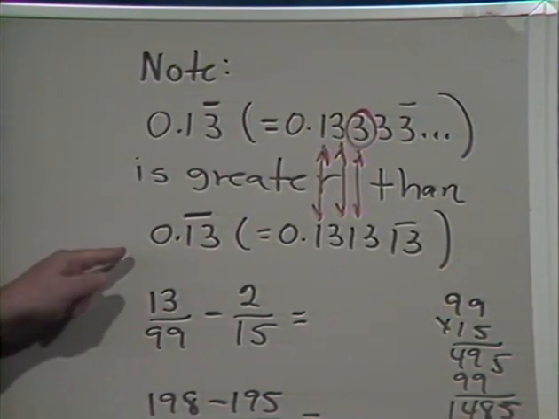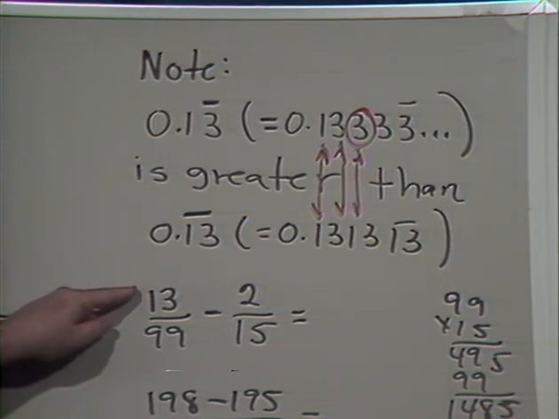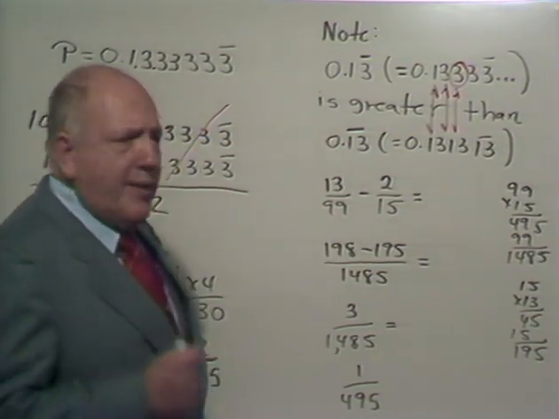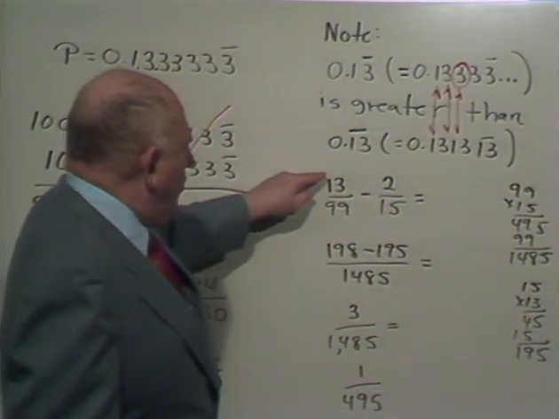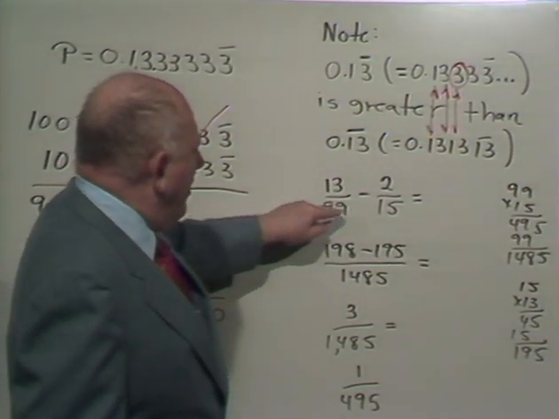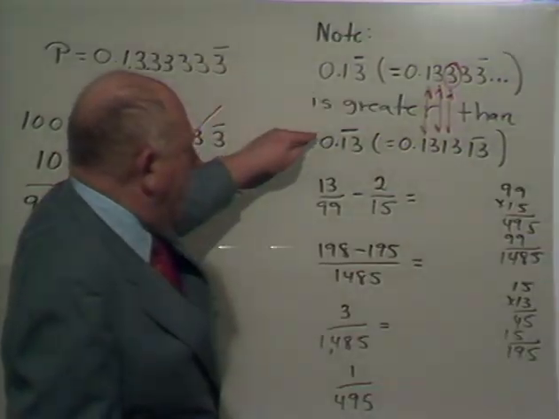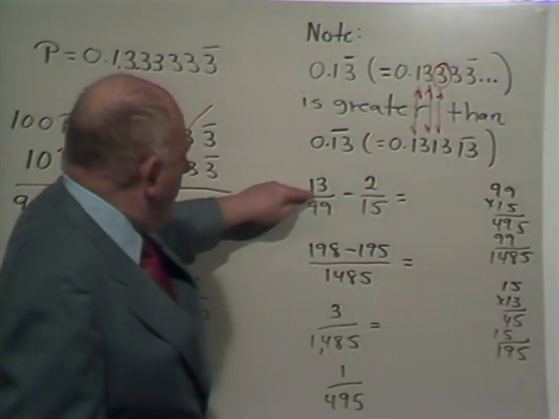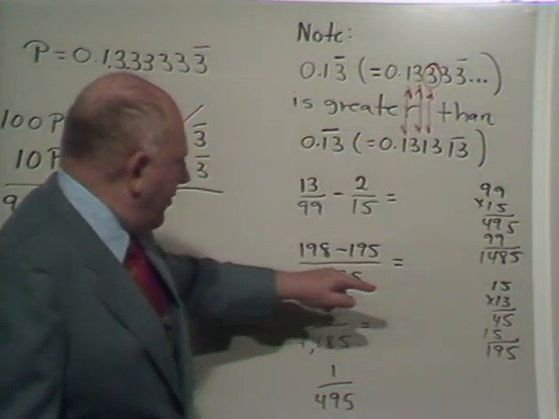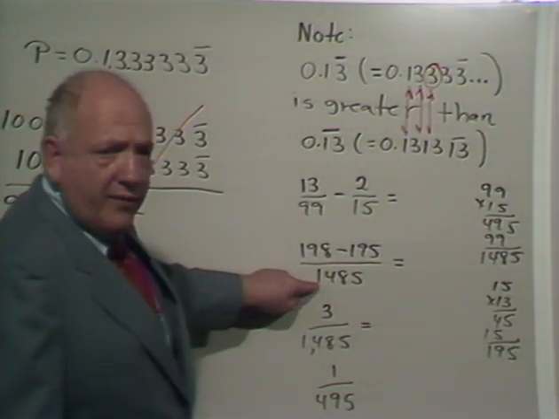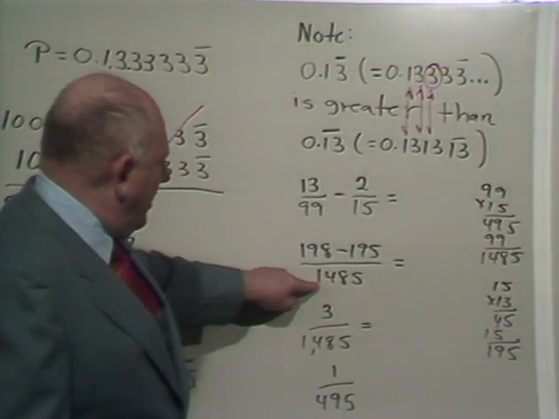I'm not going to bother going through this with you. I just wanted to show you that if you wanted to compare the size of these two in a more familiar form, you could take 13 over 99, subtract 2/15. This is your 13 over 99. This is your 2/15. You subtract these. Computations are on the side here. You get 198 minus 195 over 1,485.